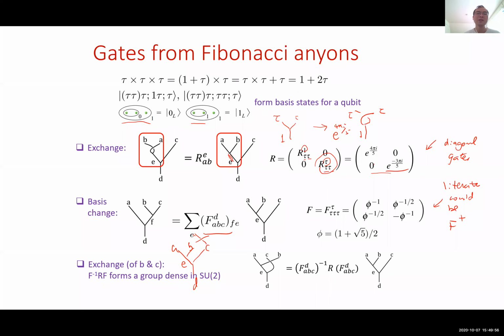If I already fixed the 3 anyons, exchanging the first two gives us the R diagonal gate, but exchanging 2 and 3 would give us a different gate, which is not diagonal in the original basis. How you get this gate is related by this formal basis change F.